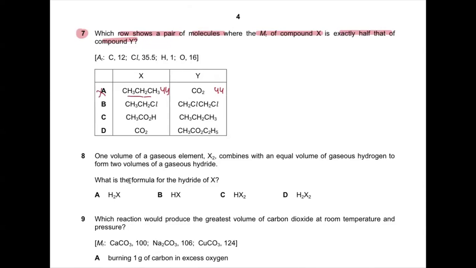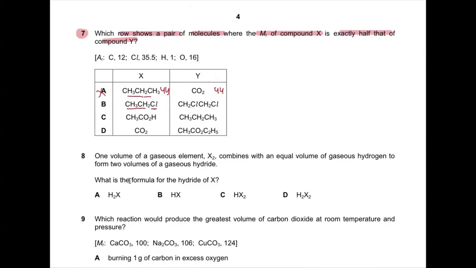Now if you see over here, there are 2 carbons which makes it 24, and 5 hydrogens which makes it 29, and chlorine 35.5.